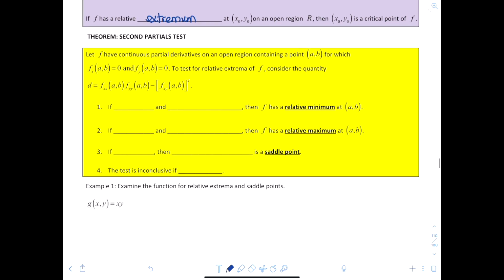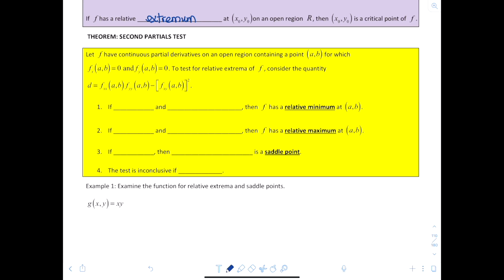And now the second partials test. This is what we'll be utilizing to work with problems in this section. Let f have continuous partial derivatives on an open region containing a point (a, b) for which fx at (a, b) is 0 and fy at (a, b) is 0. To test for relative extrema of f, consider the quantity d equal to fxx at (a, b) times fyy at (a, b) minus fxy at (a, b), the quantity squared.